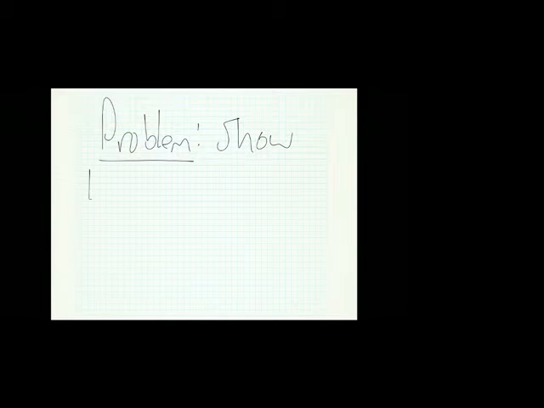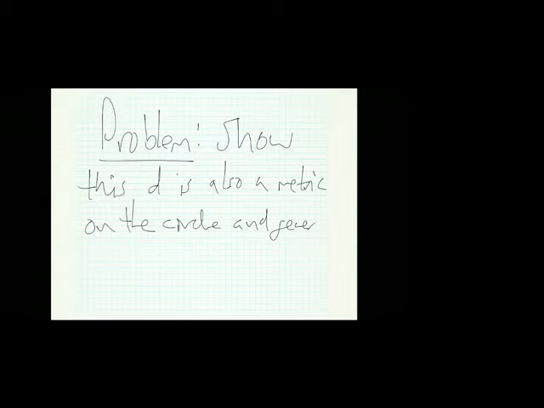Show that this d is also a metric on the circle and generates the same topology. So it generates the subspace topology.